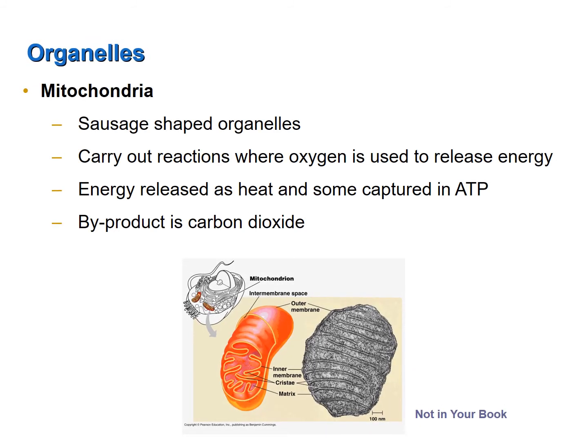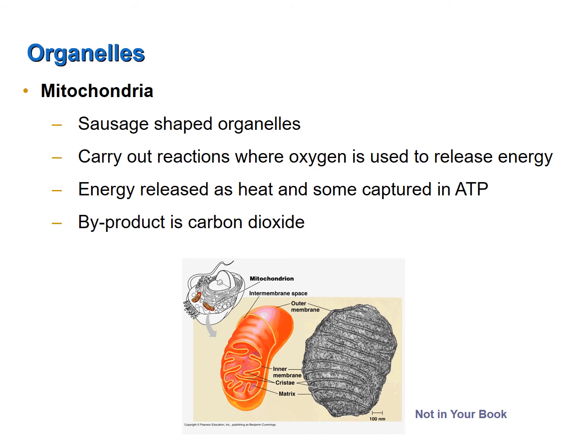Mitochondria are these sausage-shaped organelles that are responsible for the production of ATP. Mitochondria use oxygen to break bonds of certain molecules, which releases energy. That energy, some of it is lost as heat, some of it is used to produce ATP.